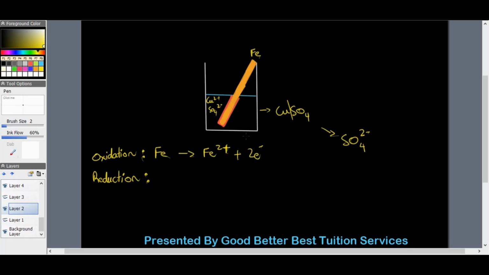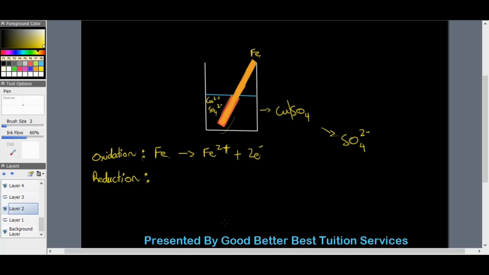So the copper 2+ ions are being reduced, because the solution is getting lighter, and this little brownish layer over here is copper. So copper is definitely forming on the iron metal rod.